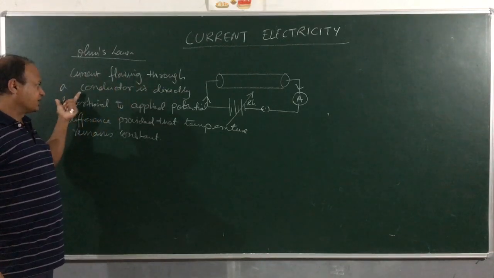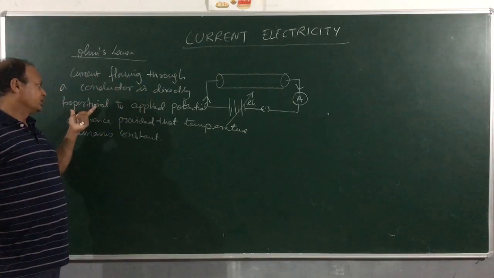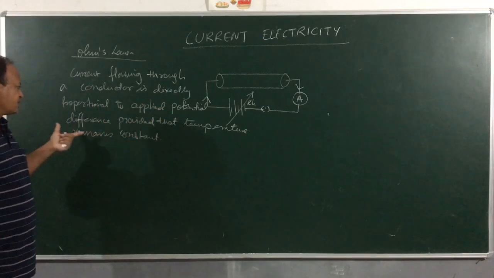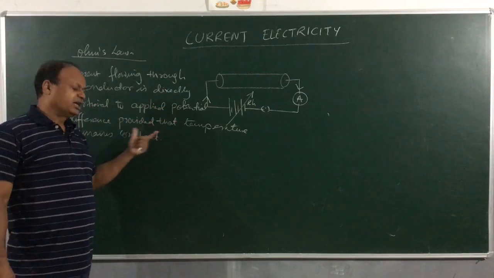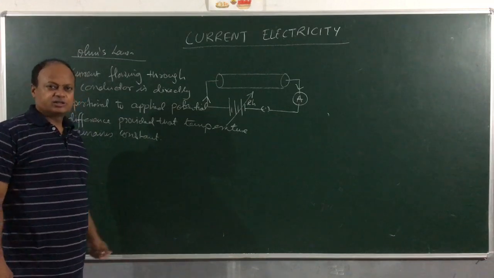Current flowing through a conductor is directly proportional to the applied potential difference provided that temperature remains constant.